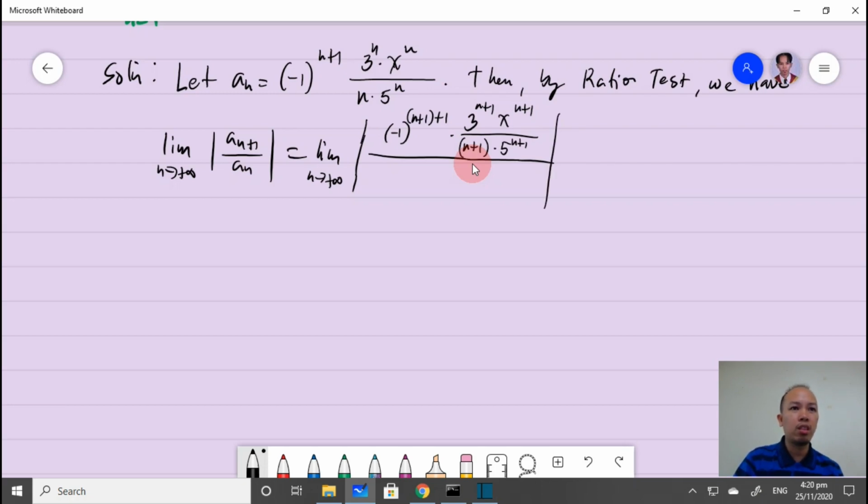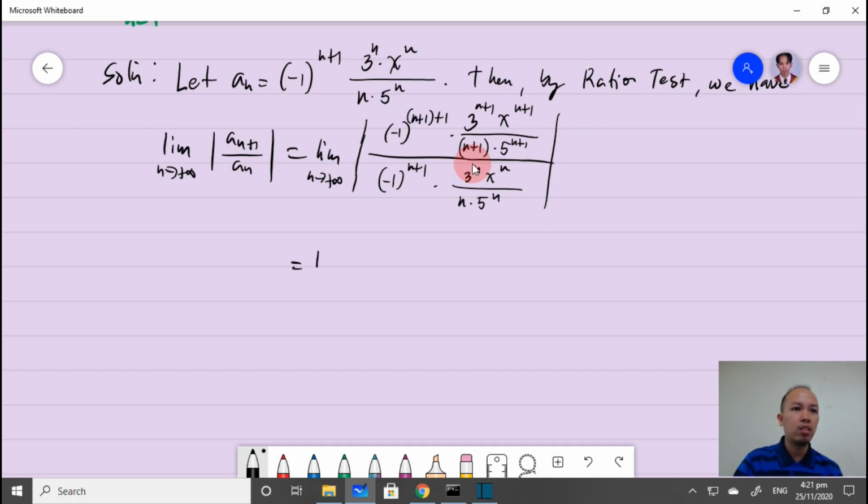So the denominator becomes the same, raised to the power of n plus 1 times 3 to the n times x to the n over n times 5 to the n.